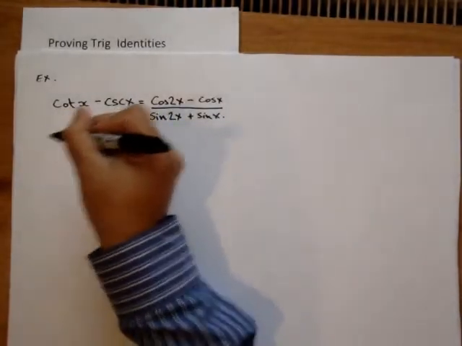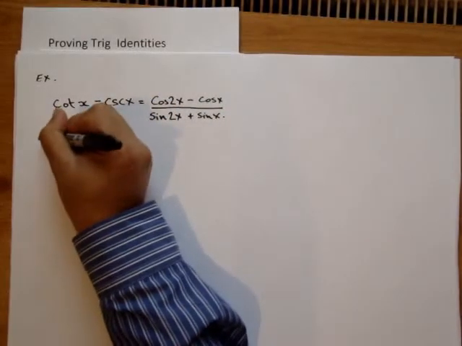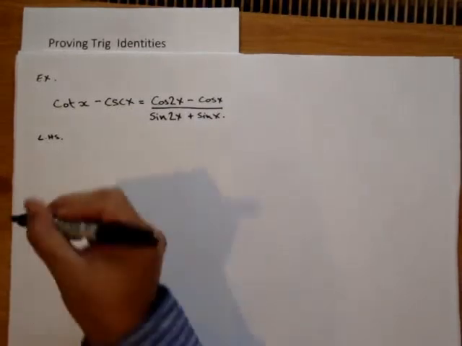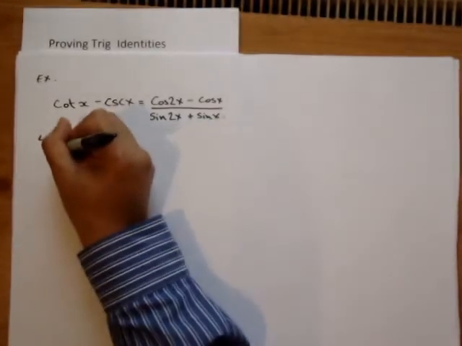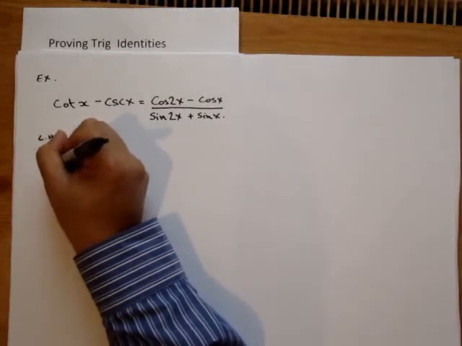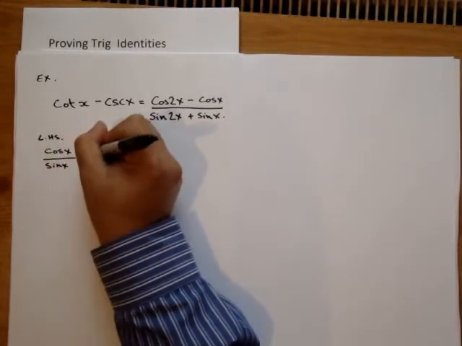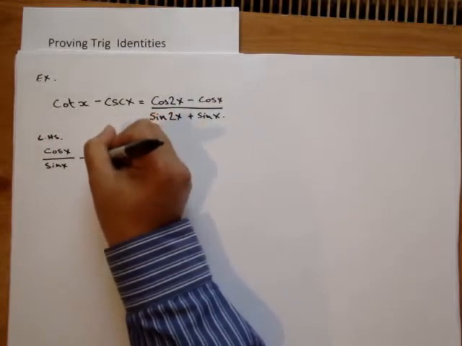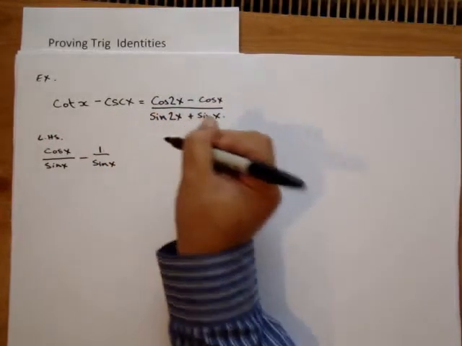On the left hand side, cot x is cos x over sin x minus cosec x is 1 over sin x.